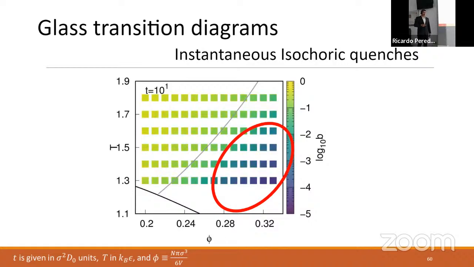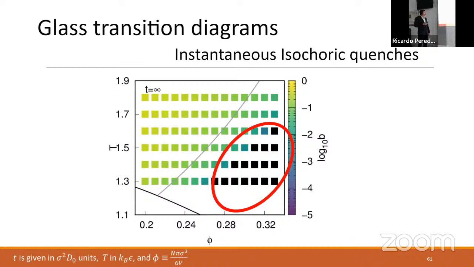So just like we did in the previous slides, where we reached the asymptotic long waiting times, we can evolve to such long waiting times and find that the region that was evolving pretty slowly within the colorings of the mobility is found to be arrested states of the system, because the coloring just turned black.